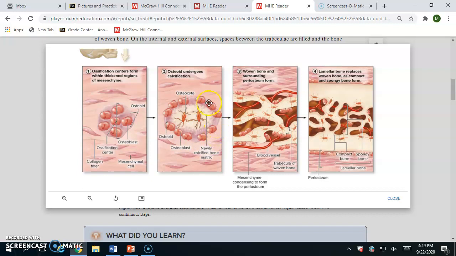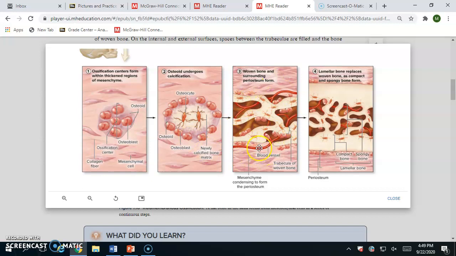But you still have these osteoblasts out here, and the osteoblasts continue to lay down more osteoid, minerals come in and calcify it, and you get more bone. From this one ossification center, the bone spreads out, and you're basically replacing the mesenchymal tissue, the mesenchyme, with this bone tissue.